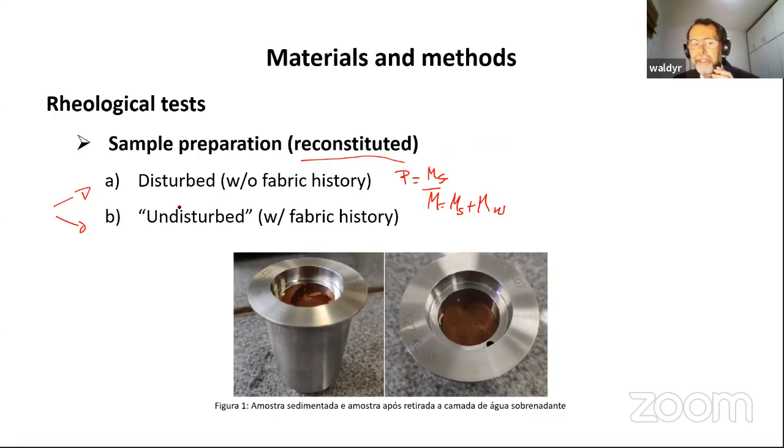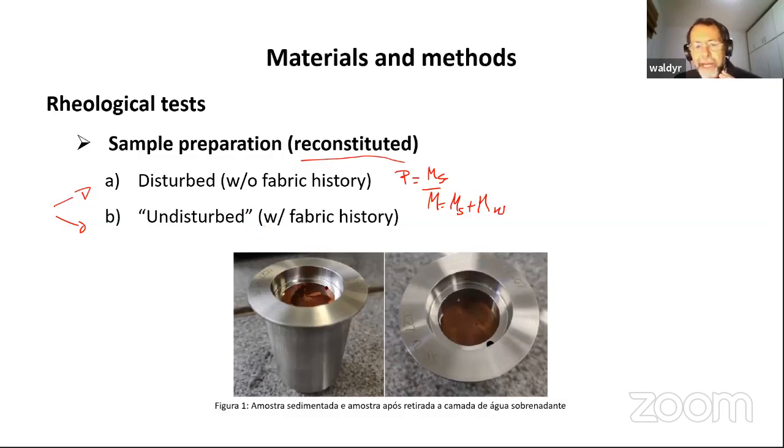But if you're working with disturbed samples, we get to that concentration without any fabric history. So no sedimentation, no consolidation, no desiccation. That's the difference with what we call undisturbed samples, the ones that have a history, a fabric history.